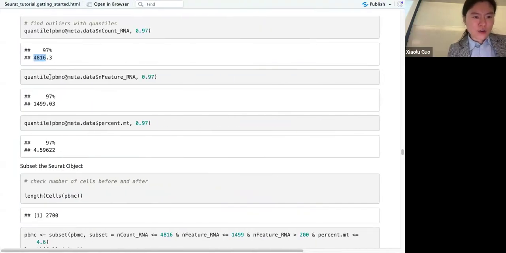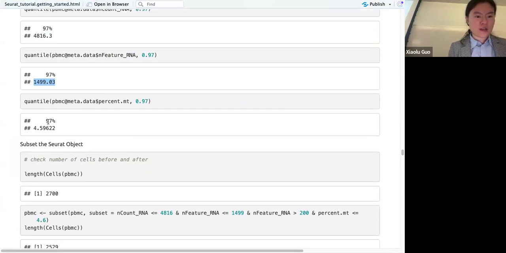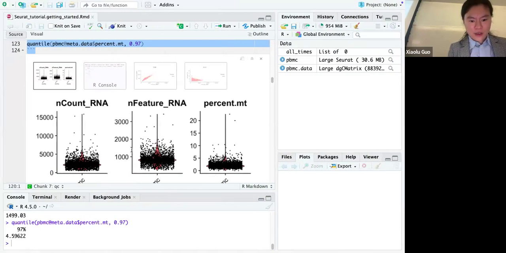And also for the feature number, we can get that value, and that's almost 1,500, and all of the cells above it are higher than the 97% quantile.